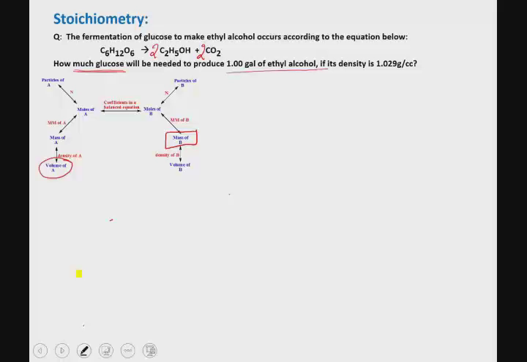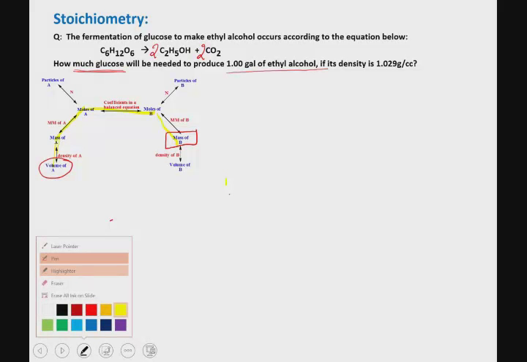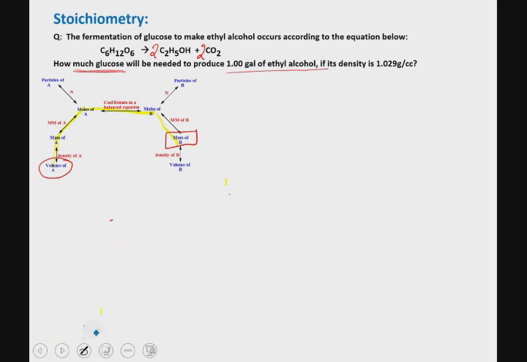So your path is to go from volume of ethyl alcohol to mass of ethyl alcohol using its density. Mass of ethyl alcohol goes to moles of ethyl alcohol using its molar mass. Convert that to moles of glucose using coefficients in the balanced equation, which can then be converted into mass using the molar mass of glucose.